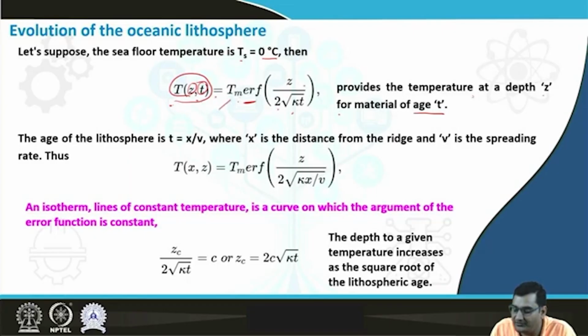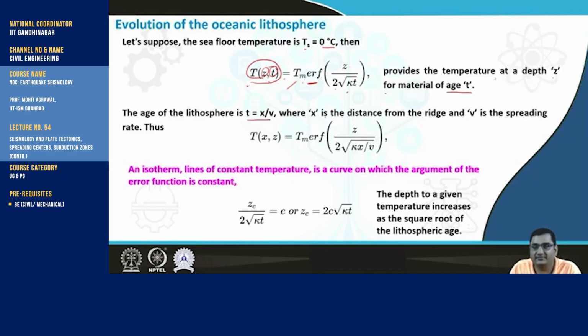The age of the lithosphere is t equal to x by v, where x is the distance and v is the spreading rate. So T as a function of distance and depth can be represented as Tm times the error function of z by 2 under root kappa x by v.